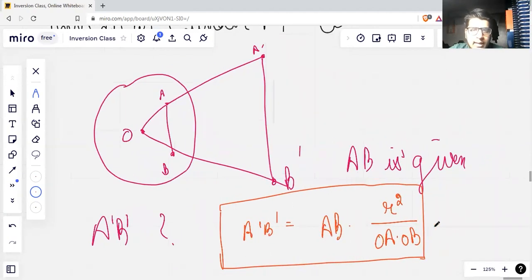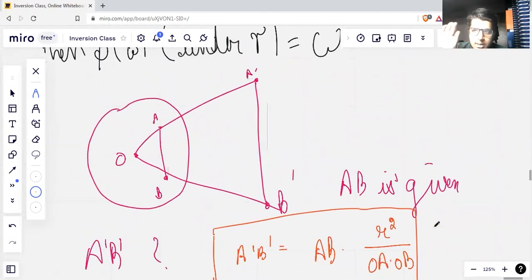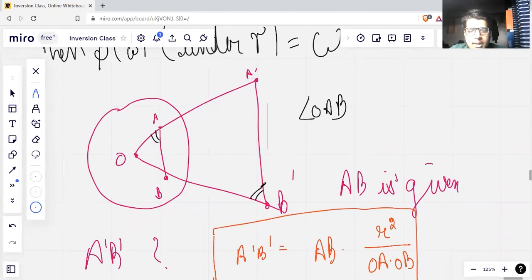Also, here is a nice thing to note about angles, which should be instinct. Intuitive enough? So if I'm given this angle OAB, after inversion, you can see that angle OAB is equal to OB'A'. This should be intuitive: if I am given angle OAB and I am inverting, O is the center of inversion.